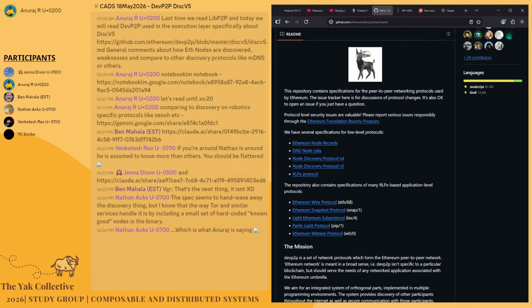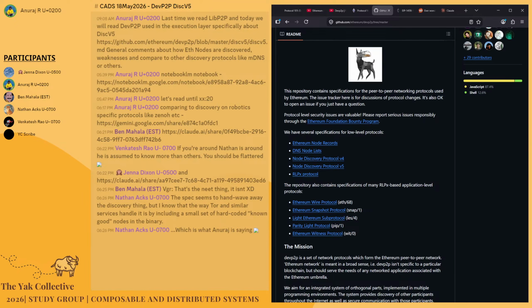And then the other thing was devp2p is used on the execution layer, and libp2p is used on the consensus layer, and there is some history regarding it. I think when they were trying to write the protocol, libp2p was not mature or ready enough, so they wrote their own custom protocol for the nodes.